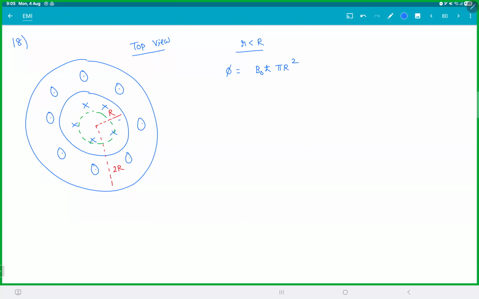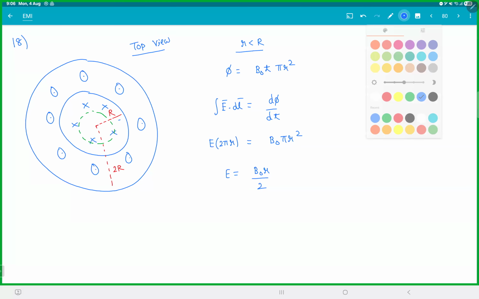Doesn't matter, the direction we'll see. Then integral E dot dl is d phi by dt. This will be E into 2 pi R. This will be B naught pi small r square. So we got E equals B naught r by 2.